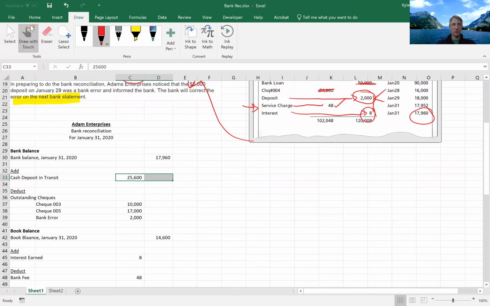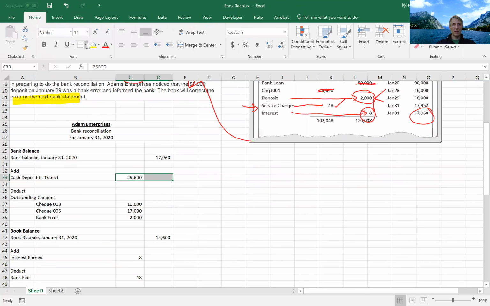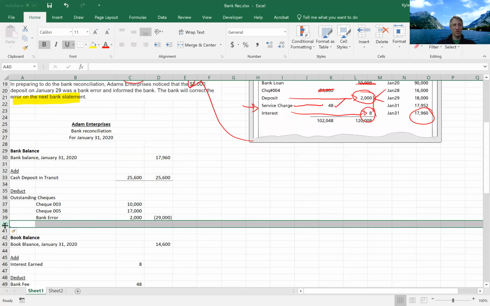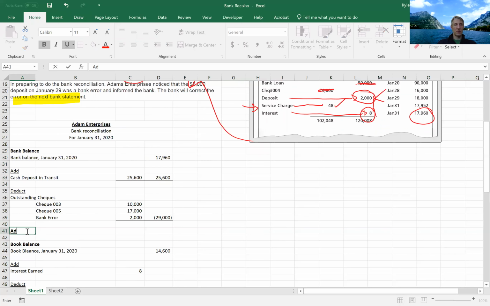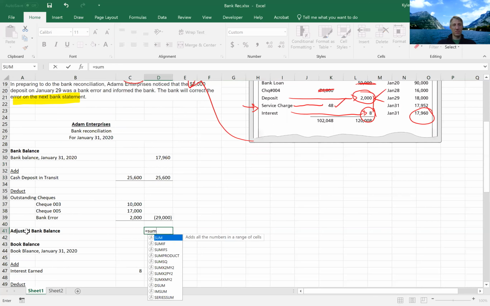So I'm going to make this a little bit prettier for us. So I put the subtotals in this left column, and then I'm going to total it in the right. And I'm going to create what's called a total here, adjusted bank balance. And add together everything.